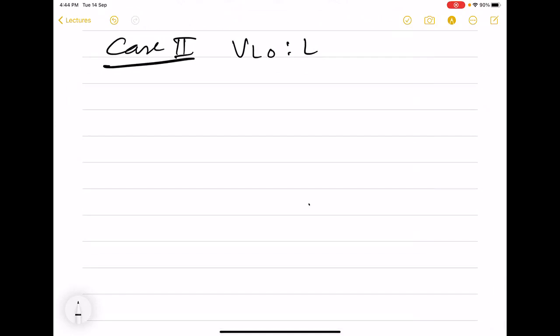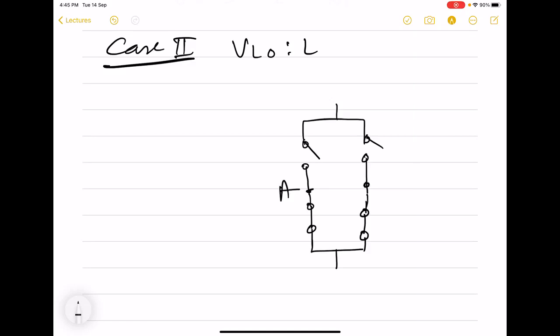So we now have D3 and D4 as closed switches, while D1 and D2 are going to be open switches. So this is A node and this is A dash node.